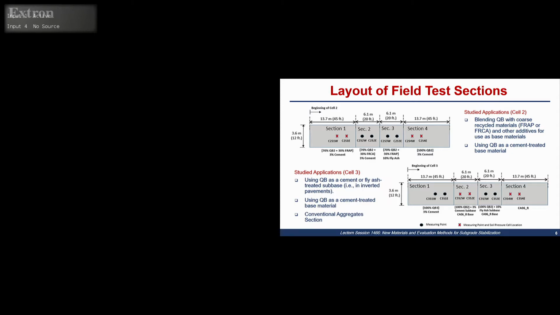In 4 of the sections, cell 2 section 1, cell 2 section 4, cell 2 section 3, cell 3 section 2, sorry, and cell 3 section 4, where I have the X's, we buried soil pressure cells on top of the subgrade to measure the responses on top of the subgrade, or the deviator stress recorded on top of the subgrade while we're trafficking the test sections with Atlas.